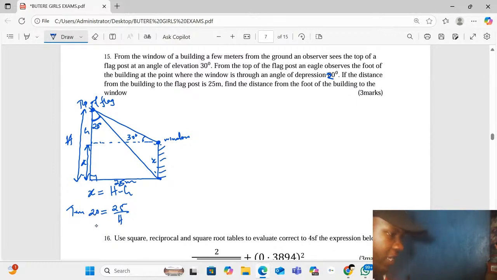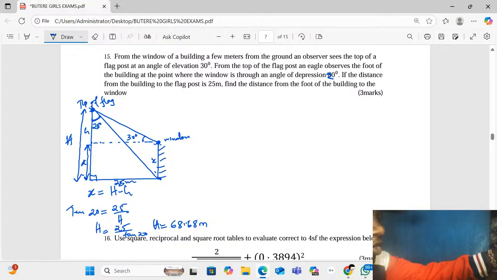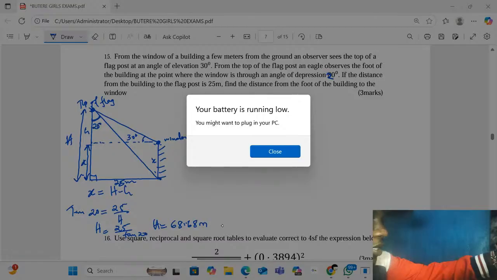So H is equal to 25 divided by tan 20. The value of H becomes 68.68 meters. So that is capital H. Then we look for the value of small h.